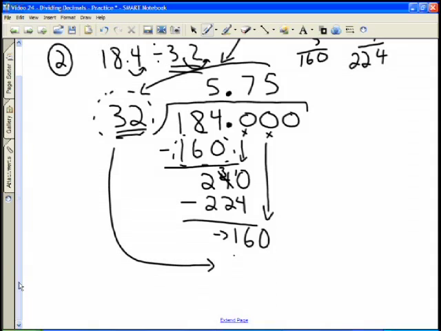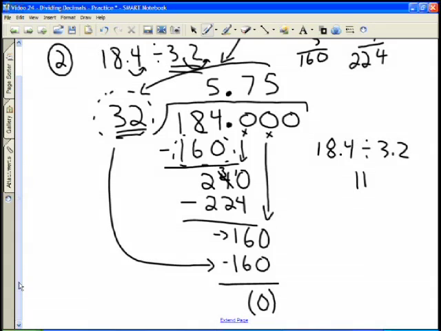We write that result on the bottom, and then we subtract, and we get 0 remainder. So we should say then that 18.4 divided by 3.2 is equal to 5.75.